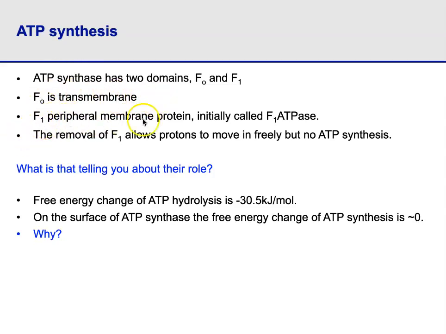F1 is the peripheral part of the protein. That's the reason why this is called F1. I mentioned that when we talked about F-type ATPases in 481: that was the first factor isolated from the mitochondria, an energy-producing factor, and that way it was called F1.